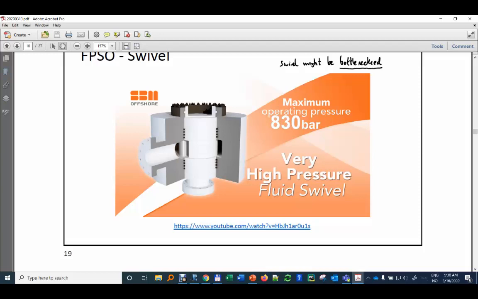Also, if you have sand production, it is going to limit the rate. So in an FPSO, the swivel is sometimes an important source of technical constraints.